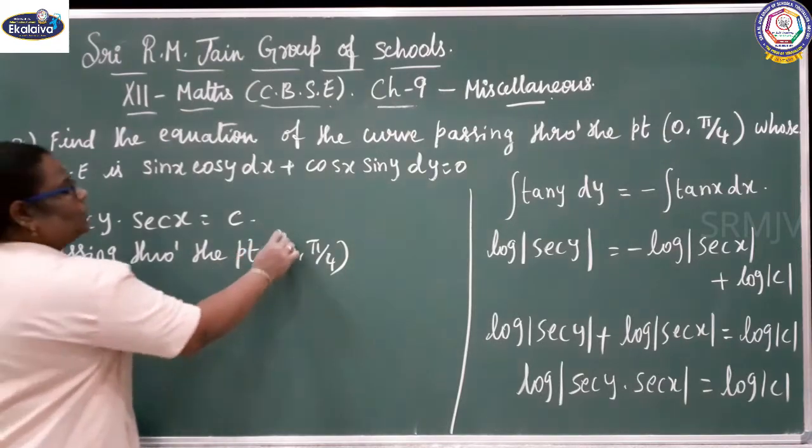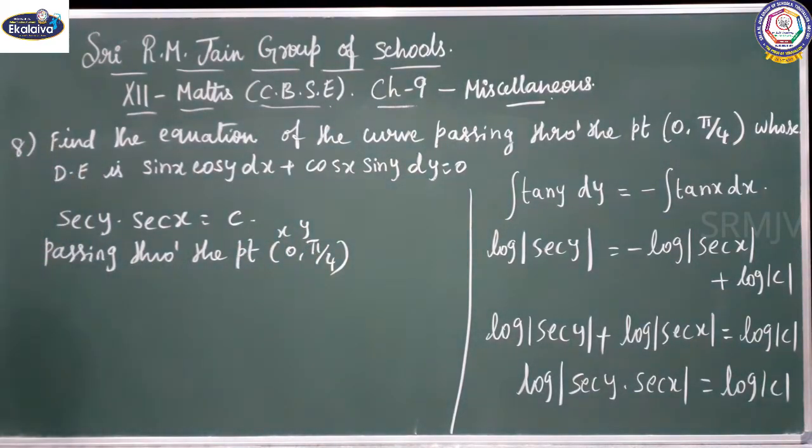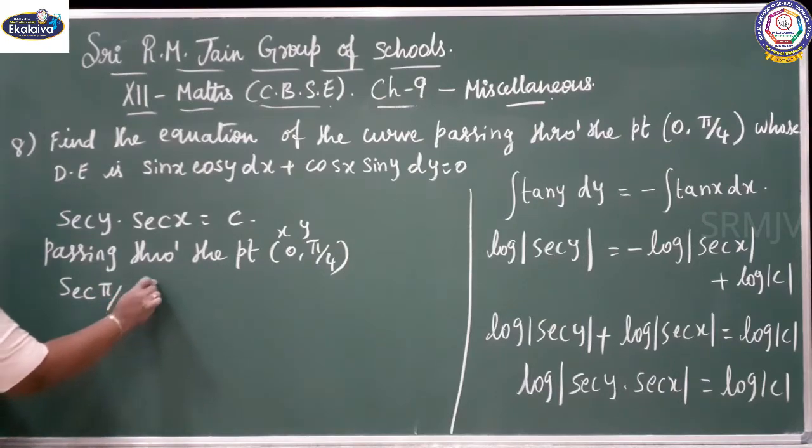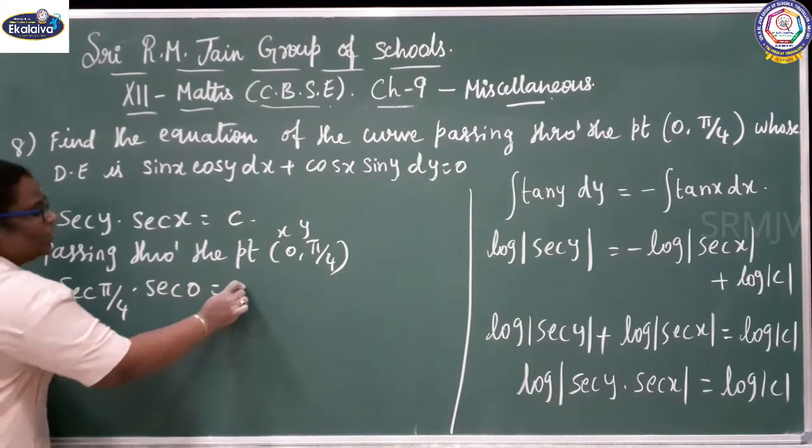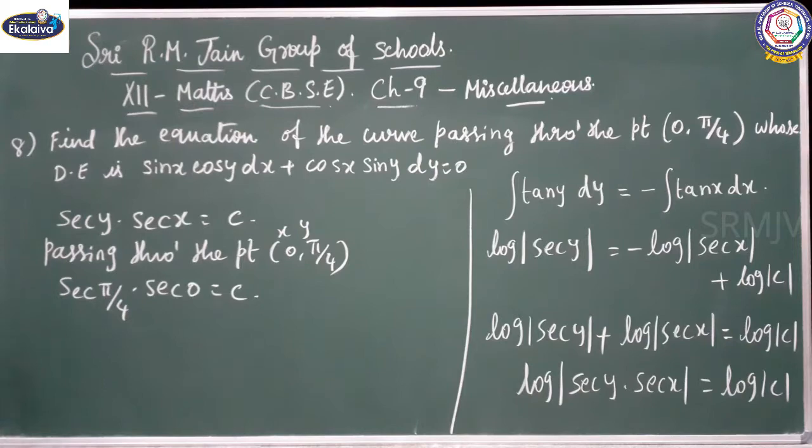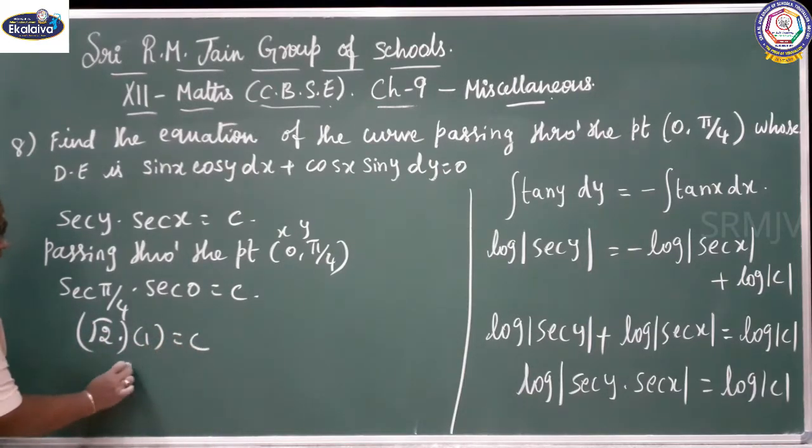You can substitute the value for x and y. Secant pi by 4 into secant 0 equal to c. What is the value of secant pi by 4? Cos inverse 45 degree, root 2, into secant 0 value is 1, equal to c. C equal to root 2.